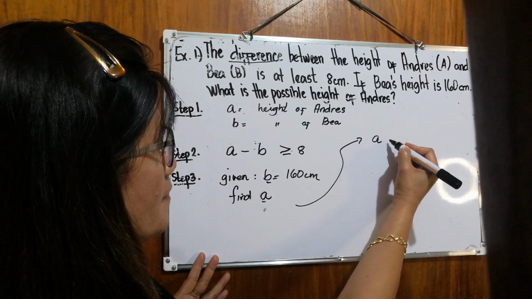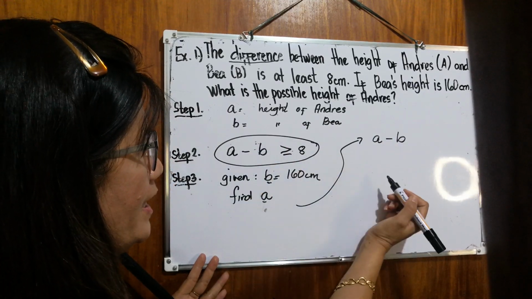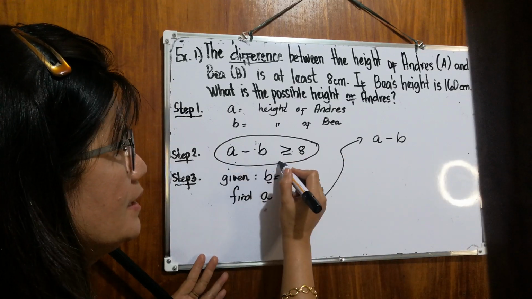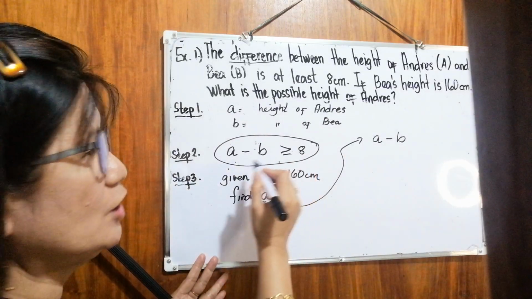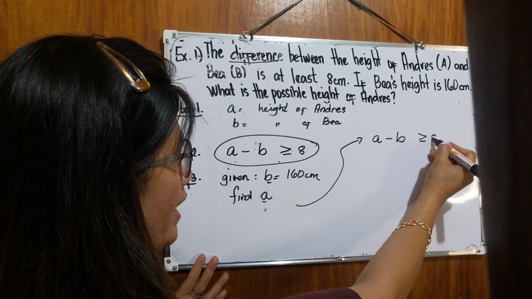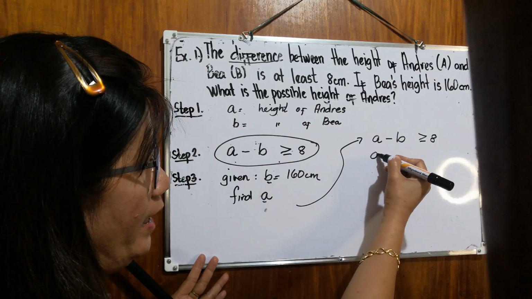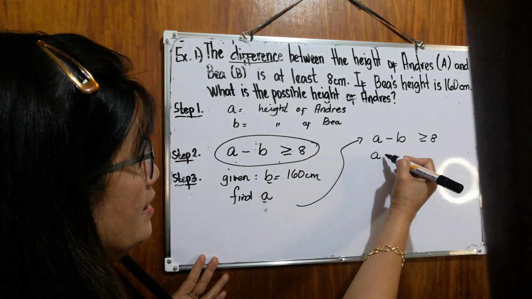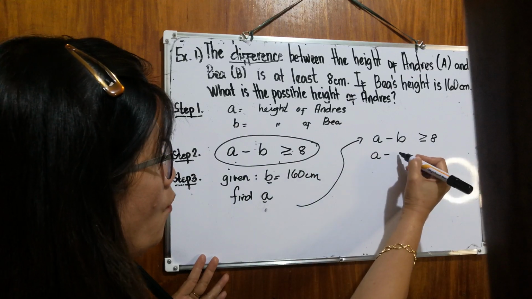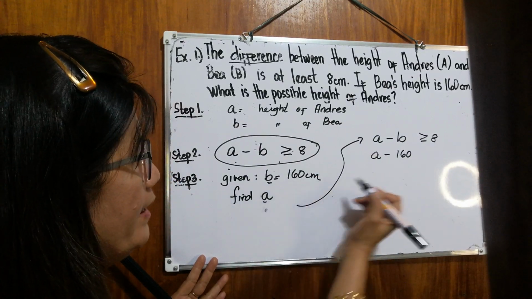So, A minus B. Bali, ito yung nabuo nating mathematical expression or mathematical inequality in two variables. Is greater than or equal to 8. And then we will replace B. So we will bring down A, baba natin si A, then minus 160. This is the height of Bea.